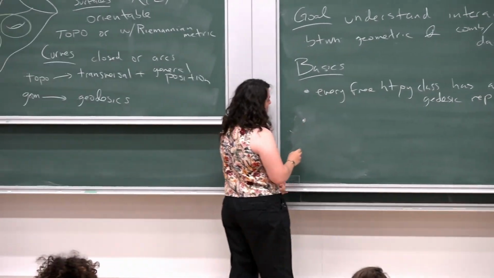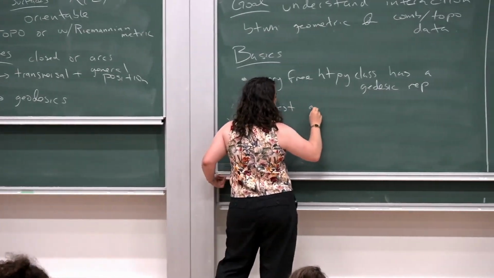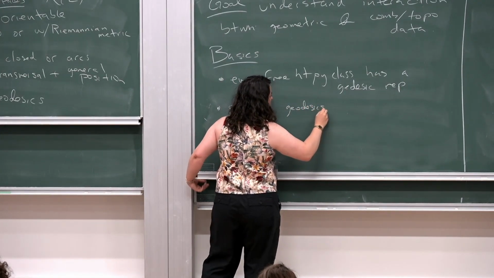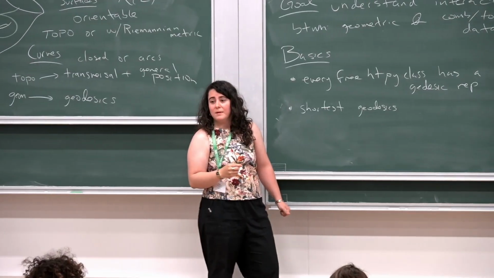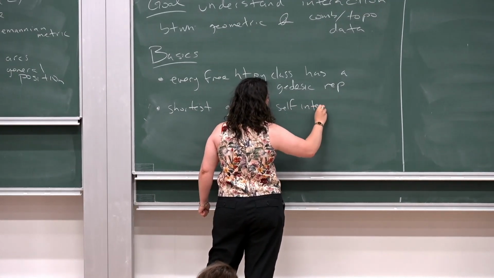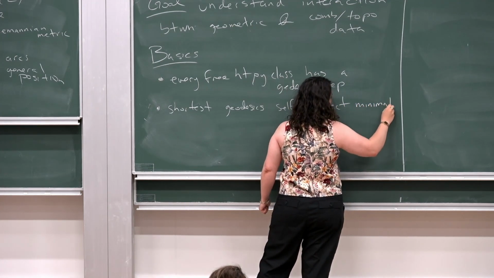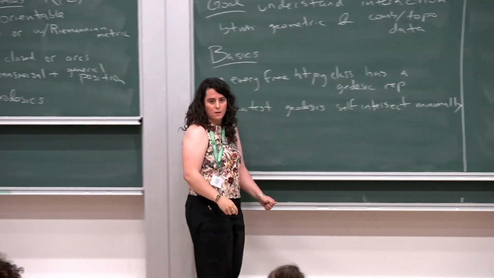Another thing we know is that shortest geodesics self-intersect minimally within their homotopy class.